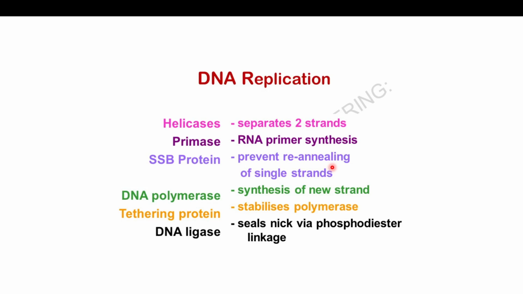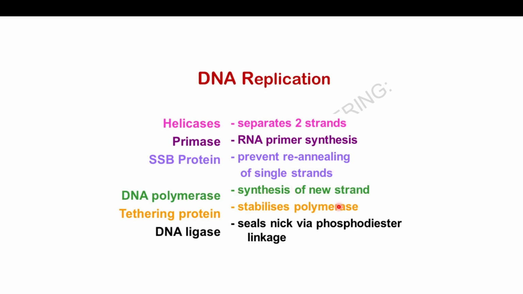So if the strand is getting separated, it has a tendency to recoil again, to establish complementarity. So as to prevent that, certain proteins are bound on the single strands, which prevent the single-stranded region from re-annealing and forming double-stranded regions.